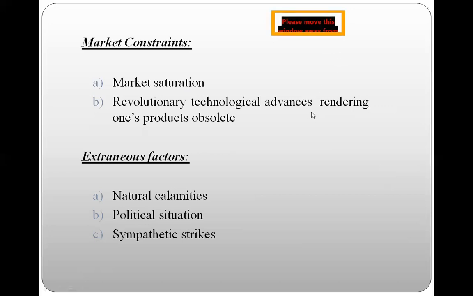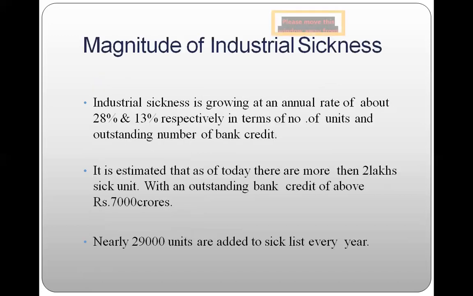Revolutionary technology renders one's product obsolete. So technology is changing. Next are the factors which happen naturally: extraordinary factors, that is natural calamities, political situation, sympathetic strikes. So these were the external factors.